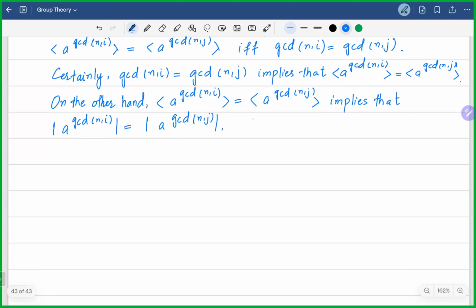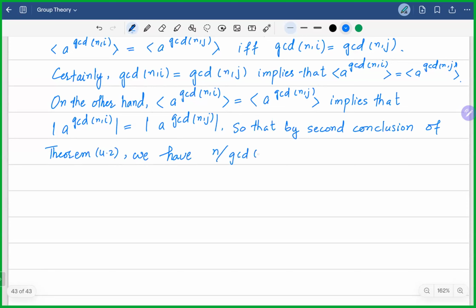Their orders are the same, so by the second conclusion of theorem 4.2, we have n divided by GCD(n,i) is equal to n divided by GCD(n,j), and therefore these GCDs are the same.